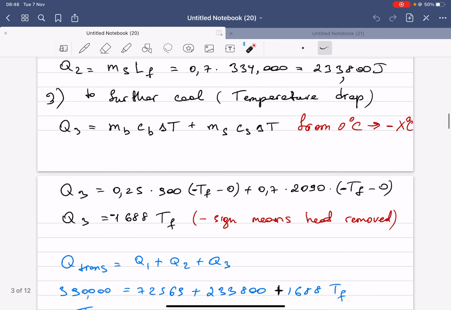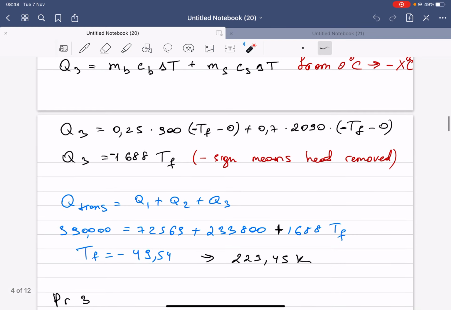When you calculate it, again just ignore this minus sign, which just means energy is dropped. So we have 1688 multiplied by T final. At the end, you sum all the heat that was removed to cool down, and then equate it to Q transferred, which is already given here.